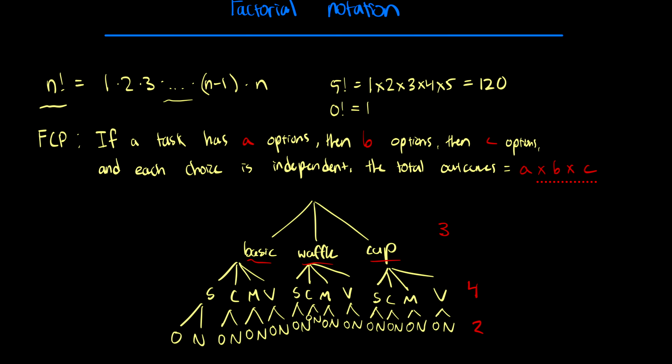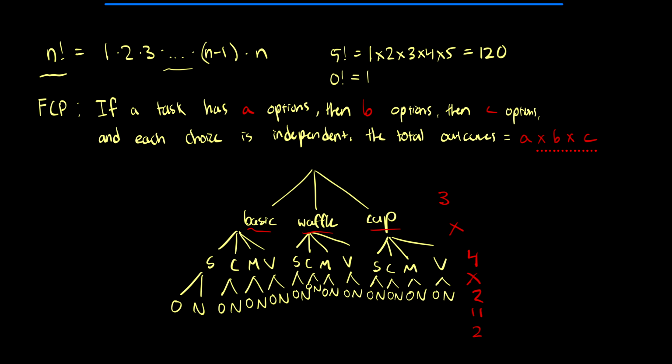And now you can see, according to the fundamental counting principle, the total outcome equals 24. So 3 times 4 times 2 equals 24. You can quickly verify this because each outcome sums up to 24. So there were 24 total outcomes of ice cream that you could have gotten. And that is what the fundamental counting principle talks about.